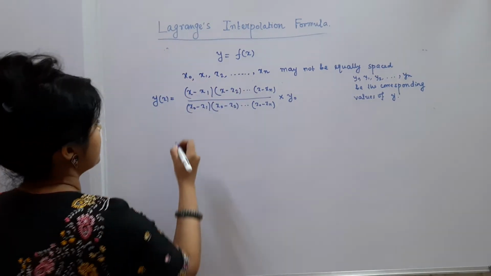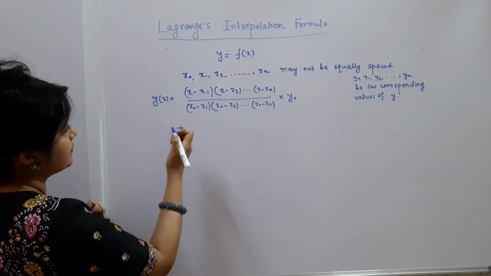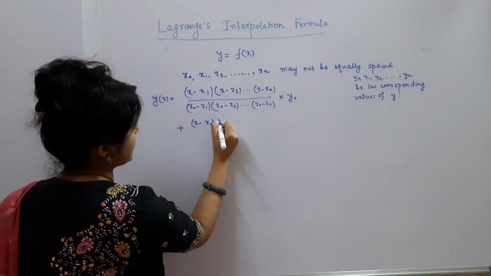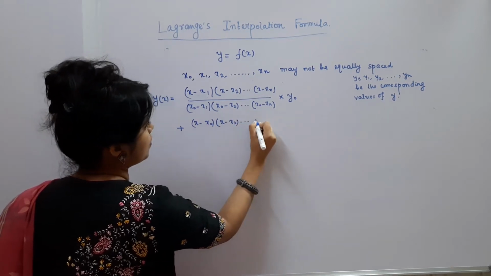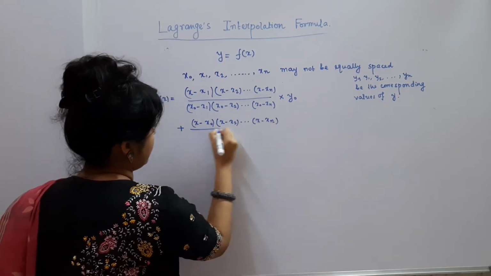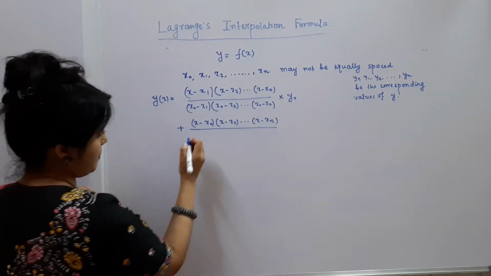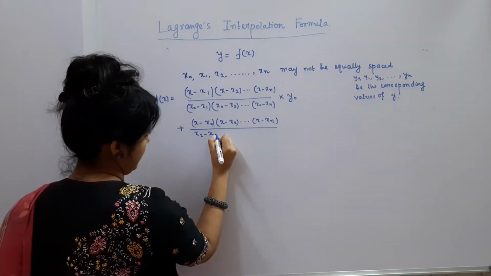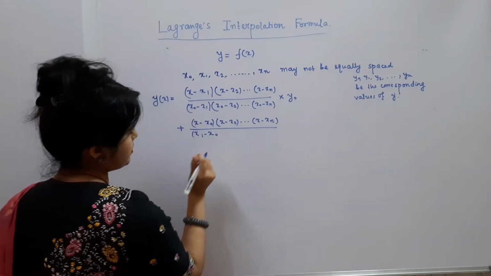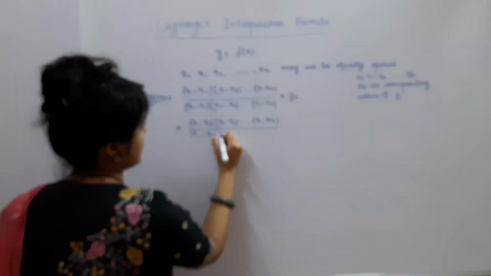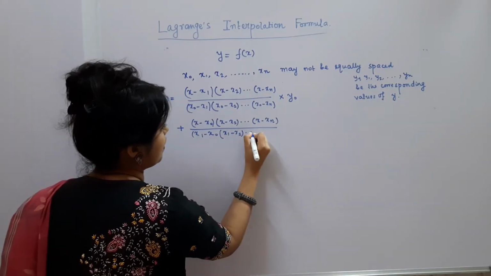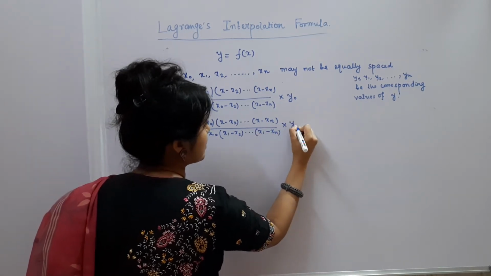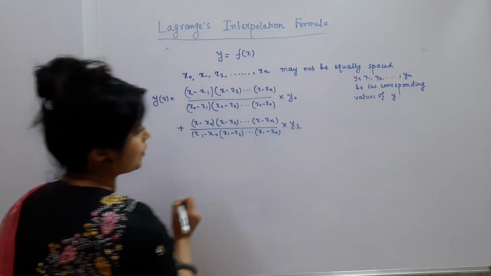So this is the first term. Then plus, in the second term the term x minus x1 will be missing. So the numerator will be (x minus x0)(x minus x2) up to (x minus xn), divided by, in the denominator, all the terms subtracted from x1, that is (x1 minus x0)(x1 minus x2) up to (x1 minus xn), into y1.